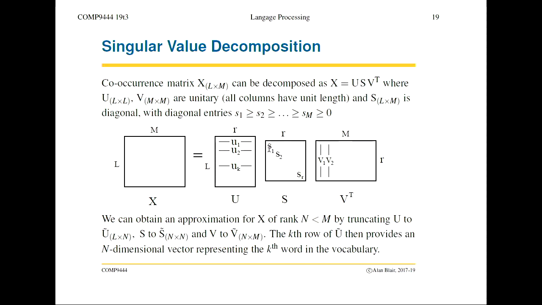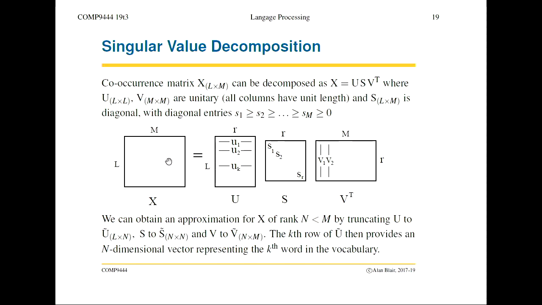Because these are in decreasing order of size, we assume that the most important ones come first. So if we can only keep R of them, then we keep the first R. Once we've done this, the kth row of this matrix U will give us a lower dimensional representation of that word.